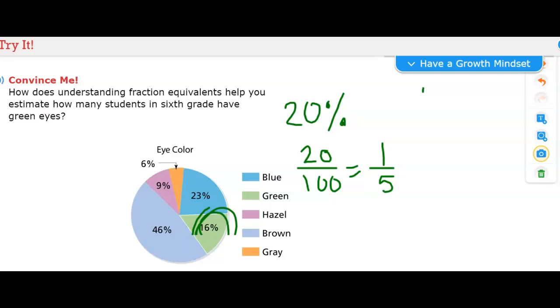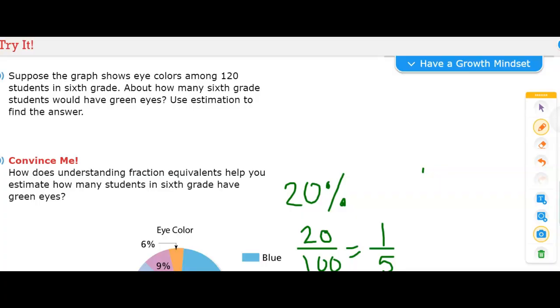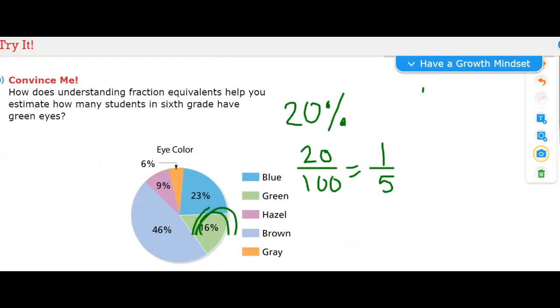And then for the question, it asks about how many 6th grade students would have green eyes. So 1/5 of 120 students. And then you multiply, you would have 120 over 5.